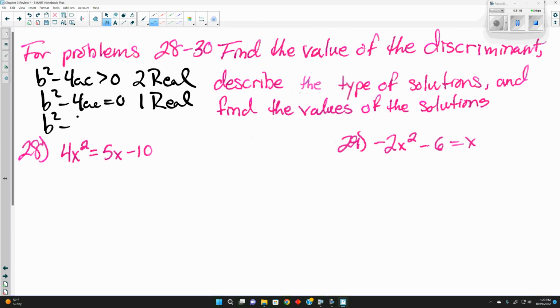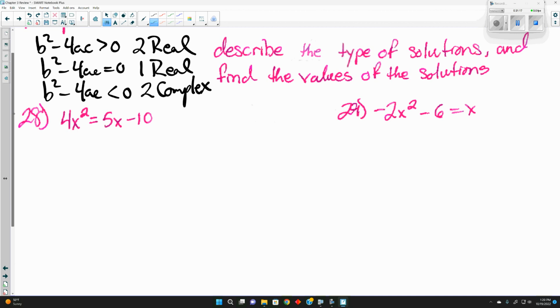And if b squared minus 4ac is less than 0, we have two complex solutions. Now, I'm not going to make you find the actual values of the quadratic equation. I just want these parts here. I did include the actual solutions for 28, 29, and 30 in the answer key in the back, but I'm not going to ask for that on the test.